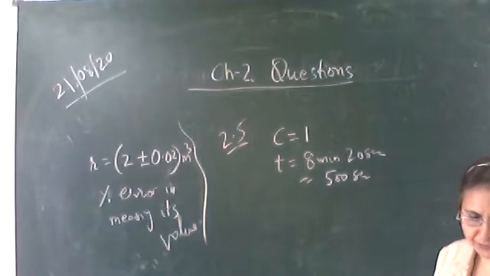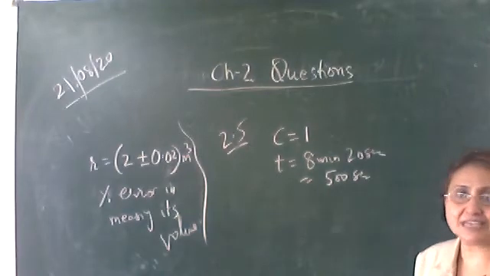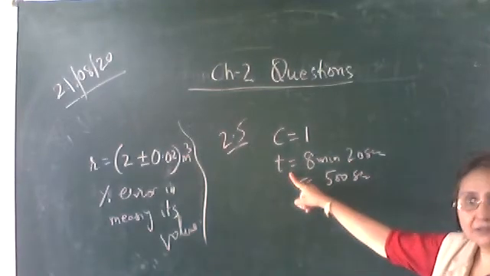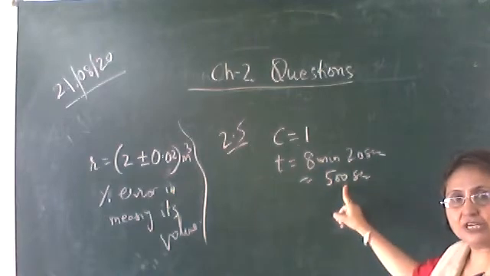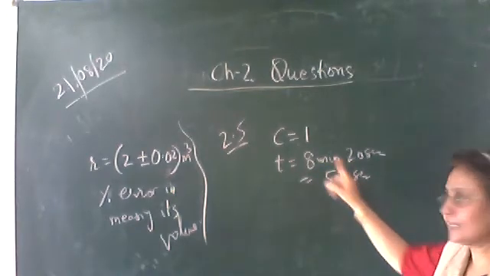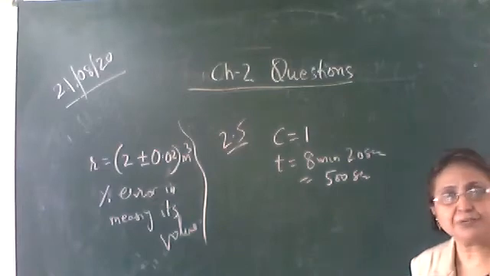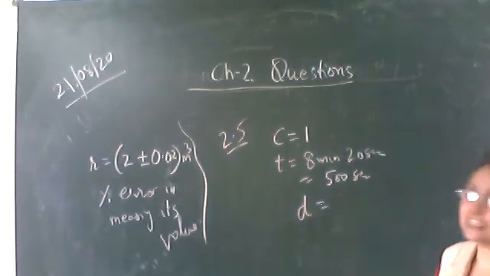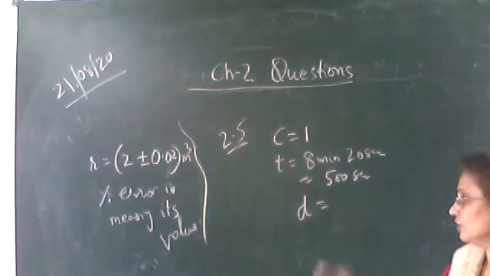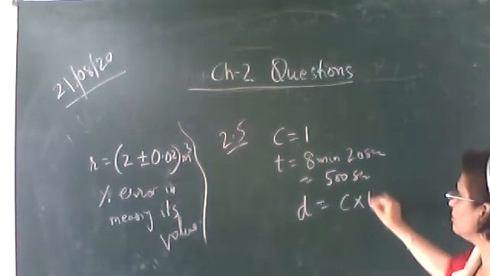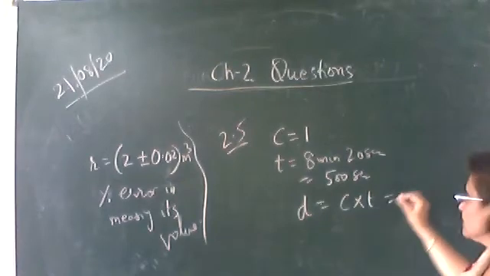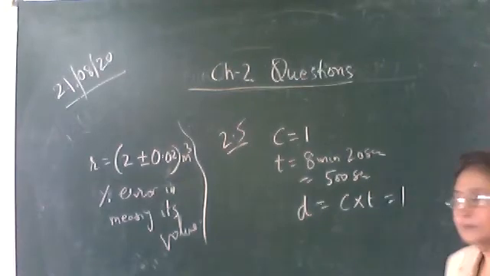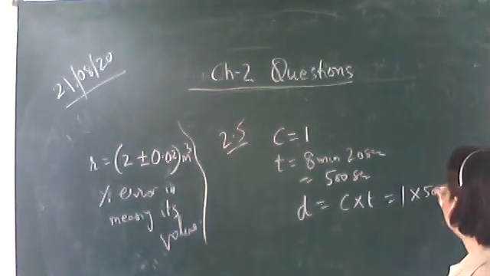Now here you have to find out the distance between the sun and the earth. The time taken by the sun's light to reach the earth's surface is 500 seconds, and in this new system, the speed of light has to be taken as unity. We know that distance is equal to speed into time. Here the speed of light is given as 1 and the time is given as 500 seconds.